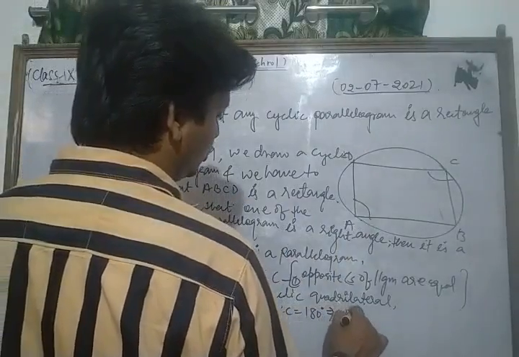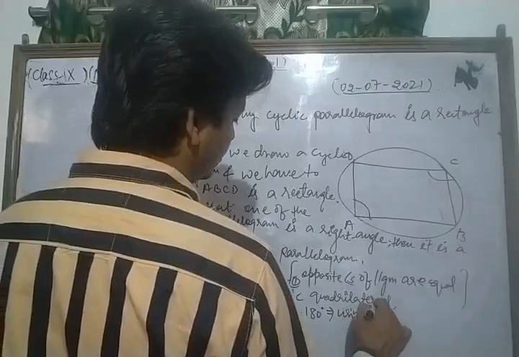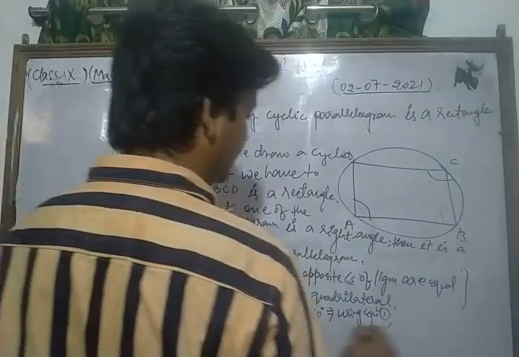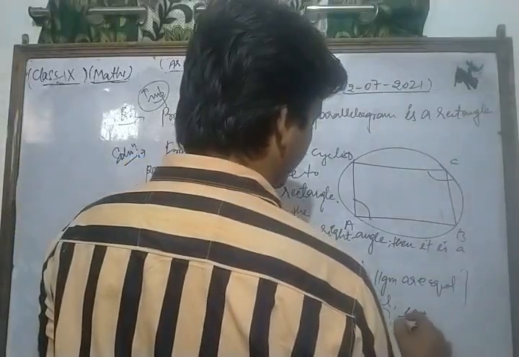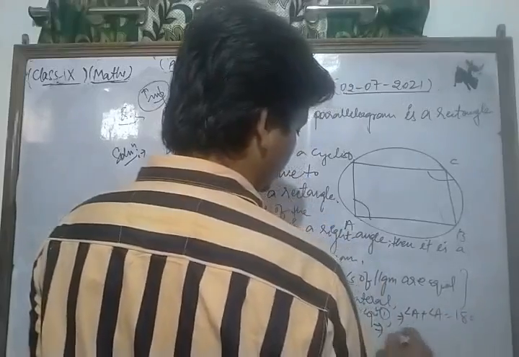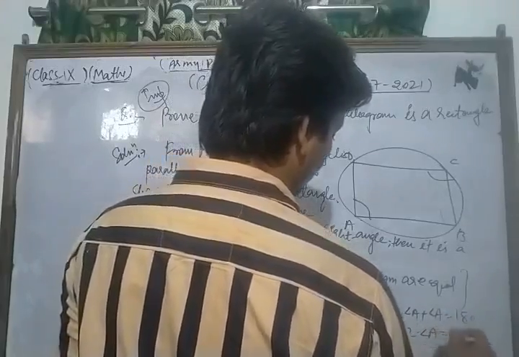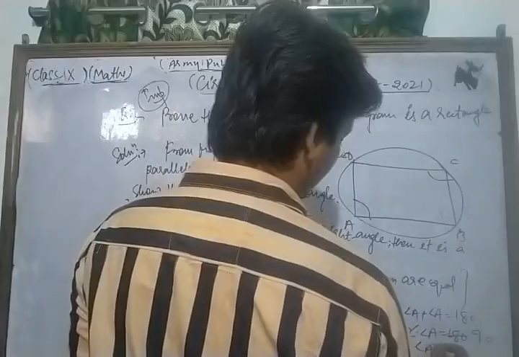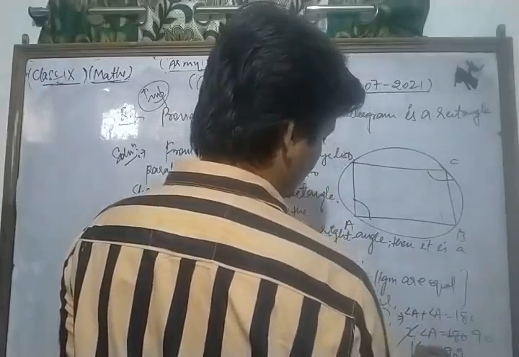Now using equation 1, we put angle C is equal to angle A. So angle A plus angle A is equal to 180, so 2 times angle A is equal to 180. So angle A is equal to 90 degrees.